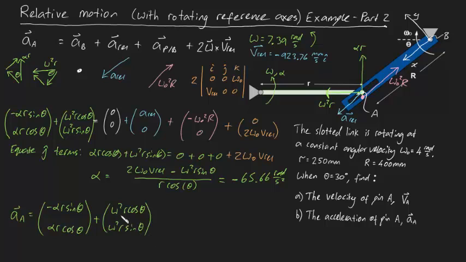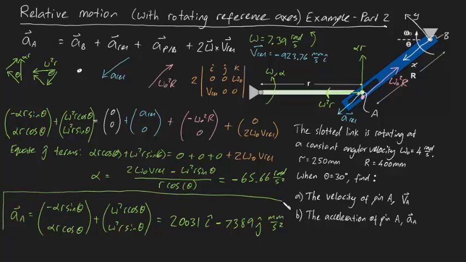And if you plug all of this into your calculator, including plugging in alpha is equal to minus 65.66 into here, you will in fact get AA is going to be 20031 I minus 7389 J millimeters per second squared. And there we have it. We have the acceleration of pin A, all calculated for you, deconstructed into I and J components.